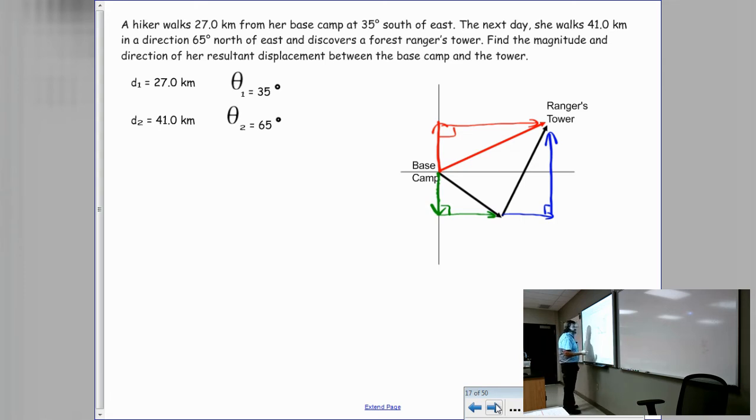So let's start off with the first day's motion, the green triangle. Now, this first day she walks 27 kilometers. That's the hypotenuse of the triangle. And she does it at an angle of 35 degrees south of east. So the angle here is 35 degrees. That's this one that I'm drawing in the graph. So you'll notice first off that that's not even in the triangle that I drew personally when I was setting up this problem.